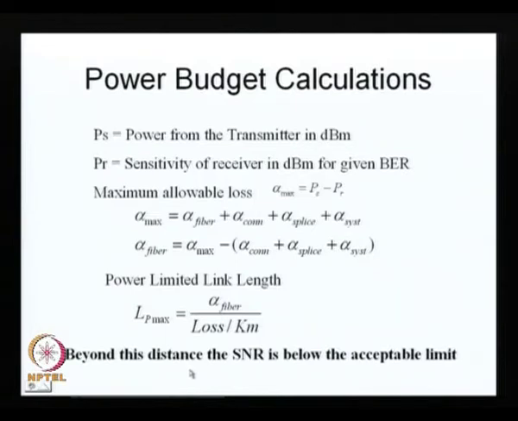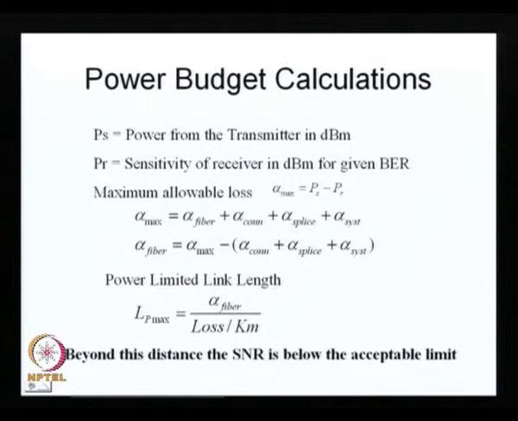Now, where is the power lost on the optical fiber? The power is lost in various components. It is lost in the fiber first of all, then some power is lost into the connector, then some power is lost into the splices, and then normally what we do is we provide some system margin, because as time goes the system performance deteriorates, as your detector gets aged, so its response goes down, its sensitivity changes.